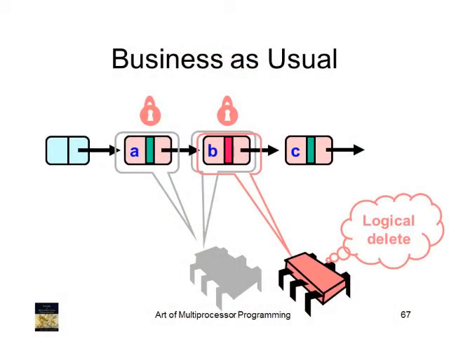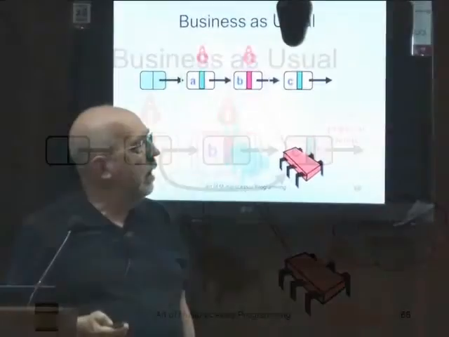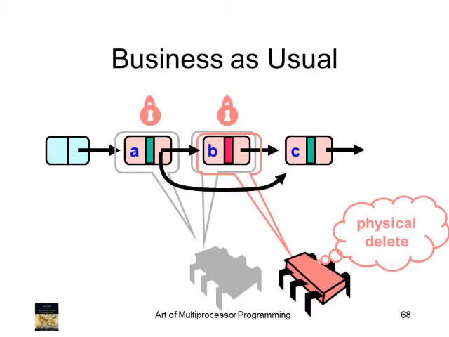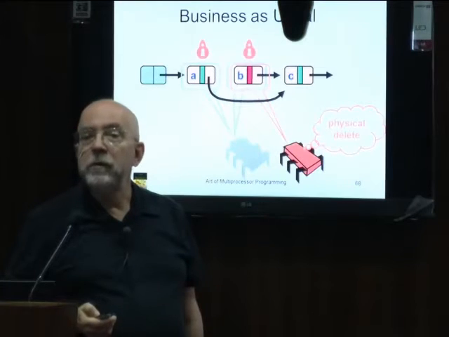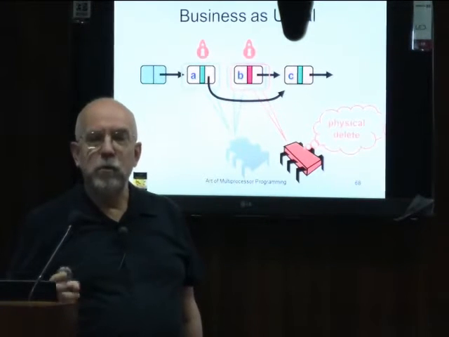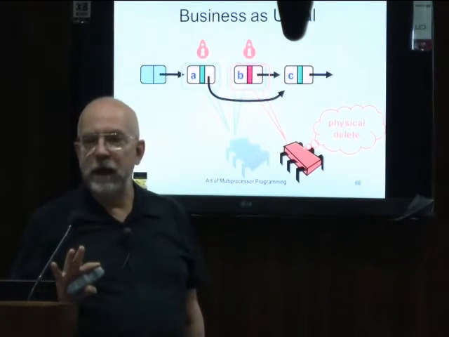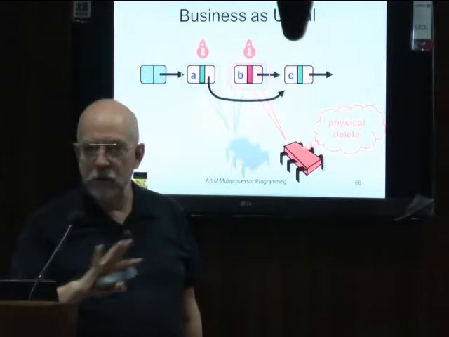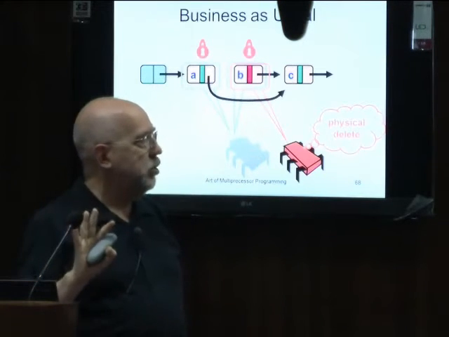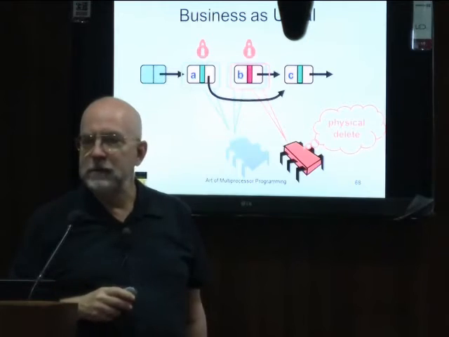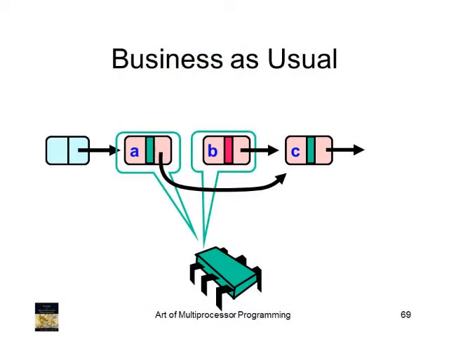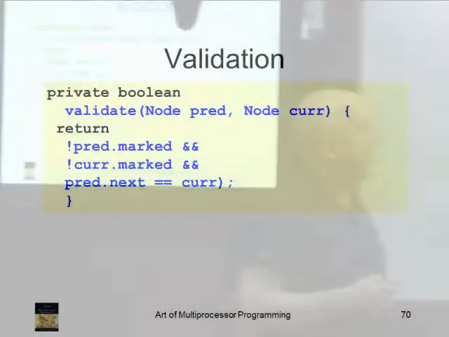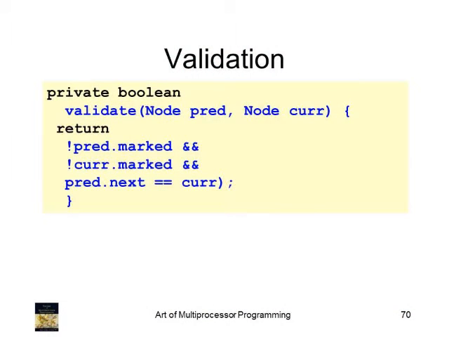And then it does a logical delete by setting the flag. And then it does a physical delete by swinging the pointer. So this is, again, much more efficient than the removal that we had before, because we don't need to rescan everything. These magical flags save us from having to do all that. Now, the green node is still scanning through, and it doesn't care, so it gets back.